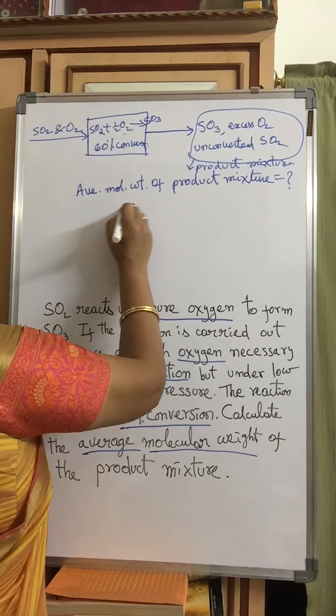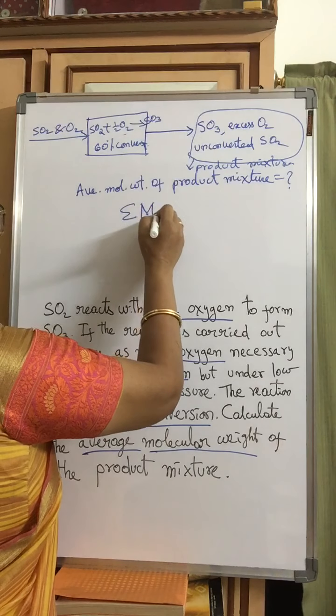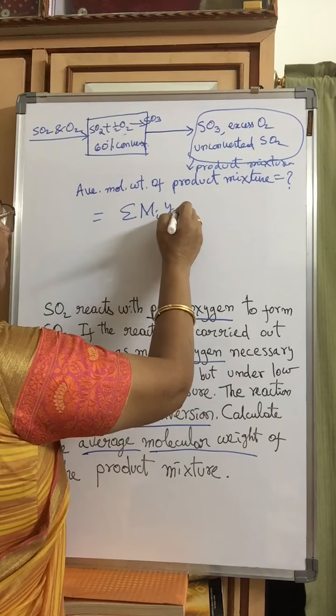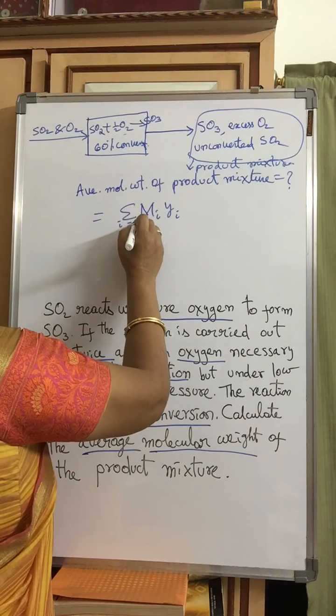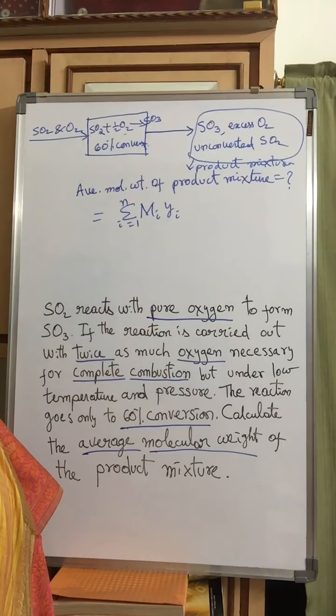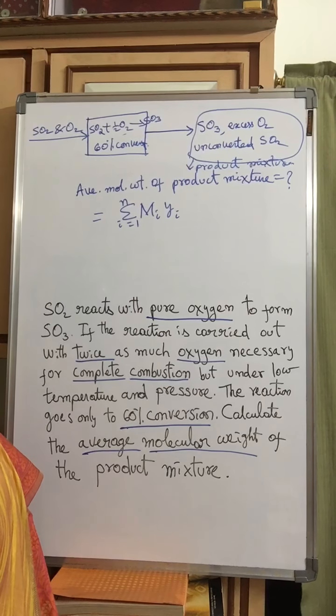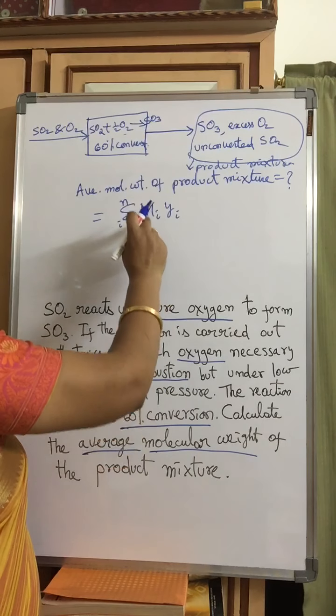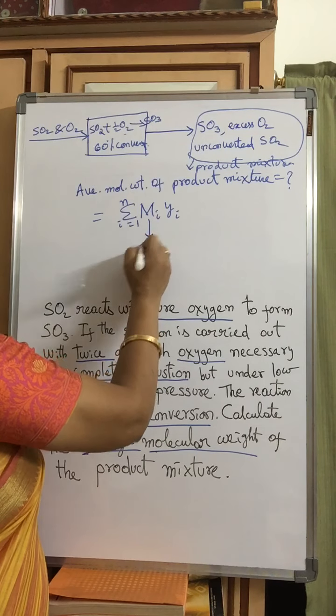The formula is M average equals sigma Mi yi, where i equals 1 to n. Here M is the molecular weight of component i, and yi is the mole fraction of component i.